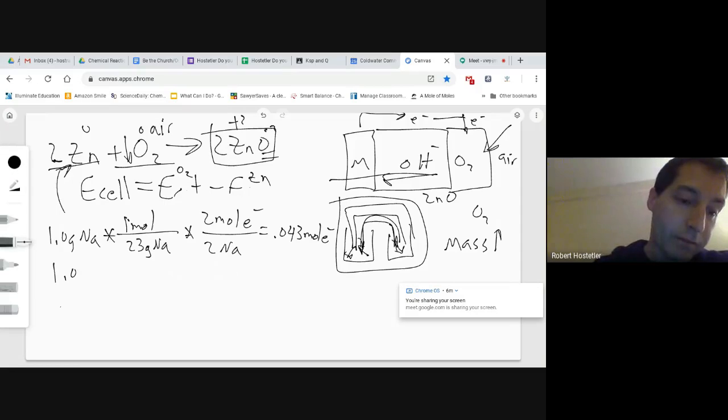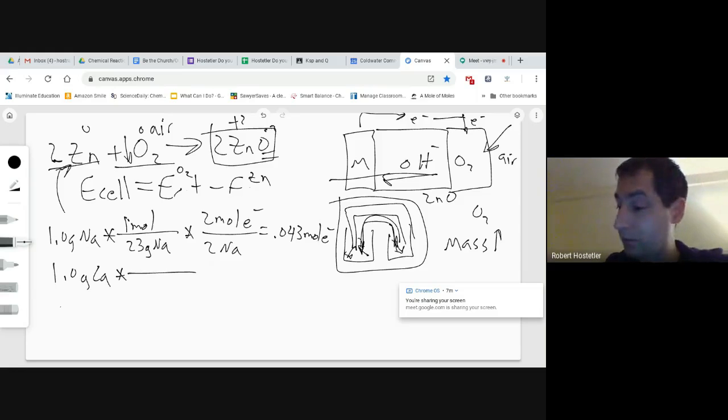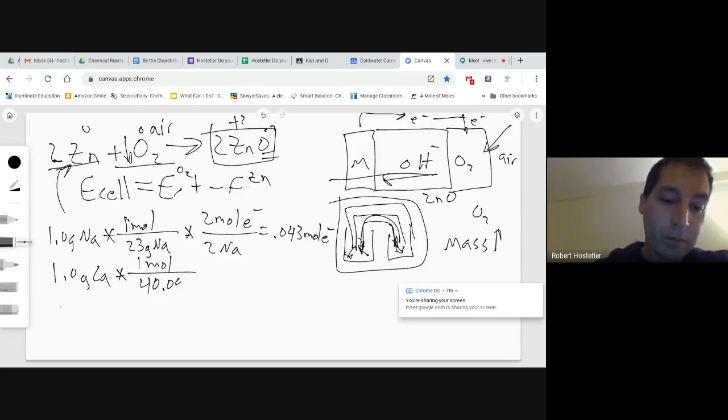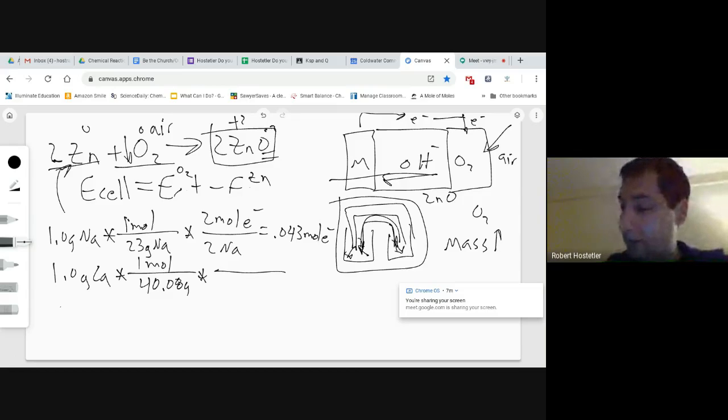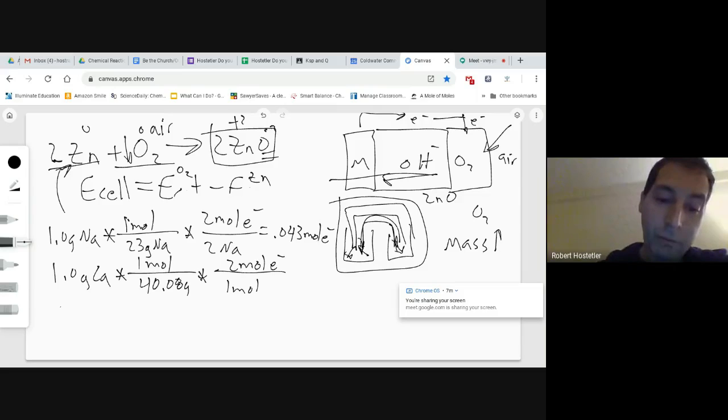But if we do that same thing with calcium, now we need to divide by the molar mass of Ca, which is right around 40, 40.08, something like that. And then here we know that I get 2 moles of electrons for every 1 mole of calcium based on the stoichiometry.